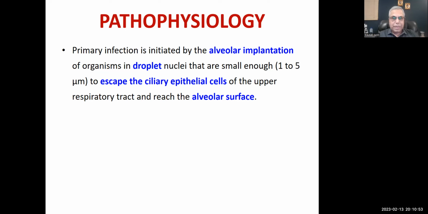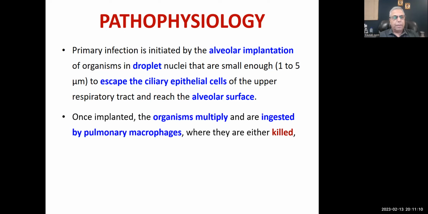And any particle that is flowing in the airways, if it comes in contact with the mucus, it will get stuck there. And then with the help of cilia, it will be moved out of the respiratory tract, okay, of the airways.